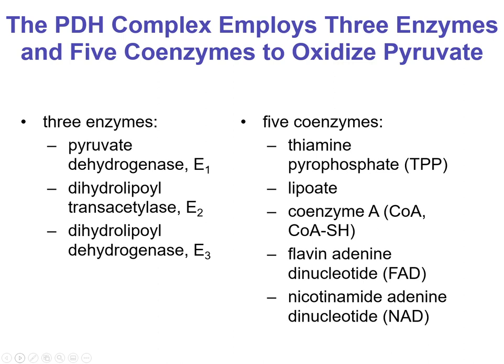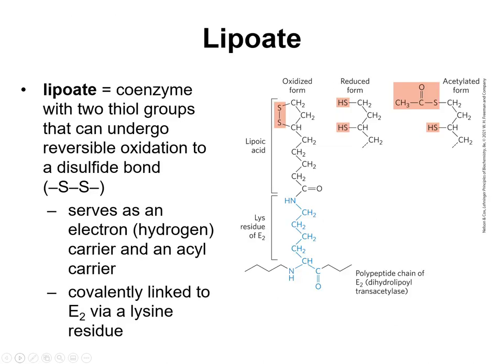But this one acts on that lipoate arm to make sure that it is reoxidized and ready for more chemistry. So you can see the list of all the coenzymes. This is a beast. There are a couple of other things that are part of this complex, but they're not involved in the chemistry directly. We're going to talk about that when we talk about the regulation of the PDH complex.